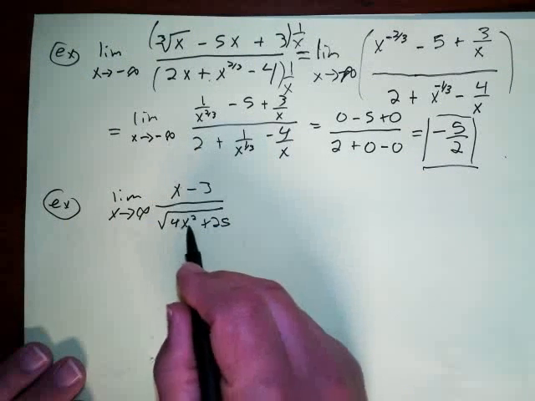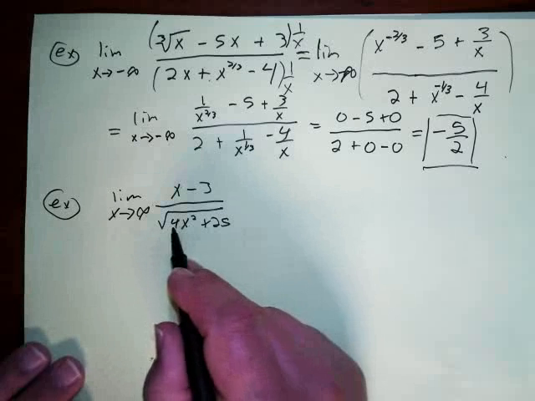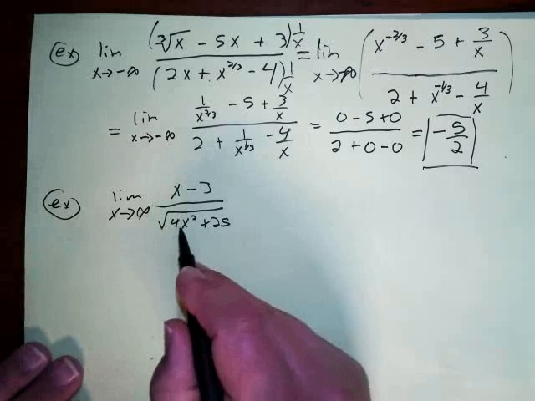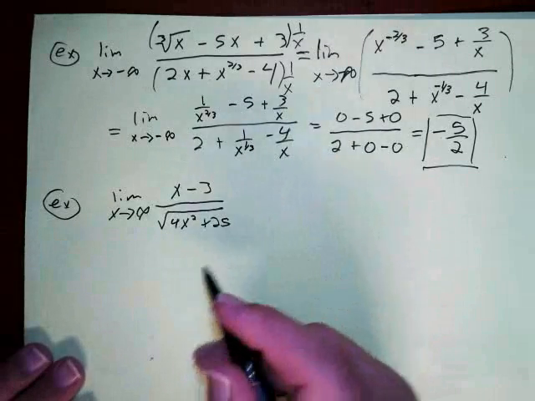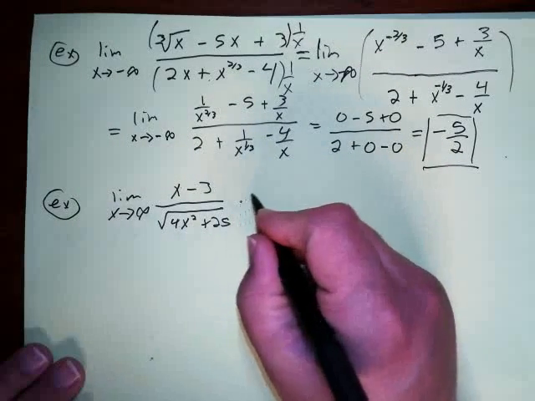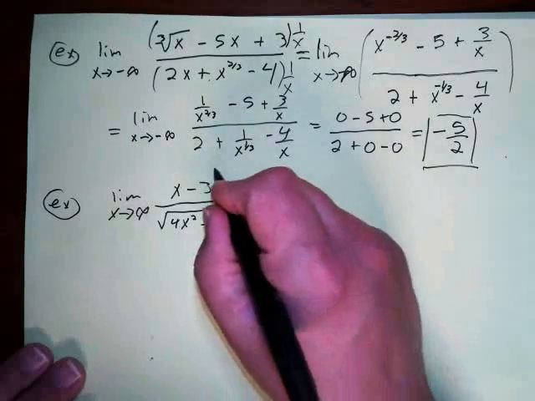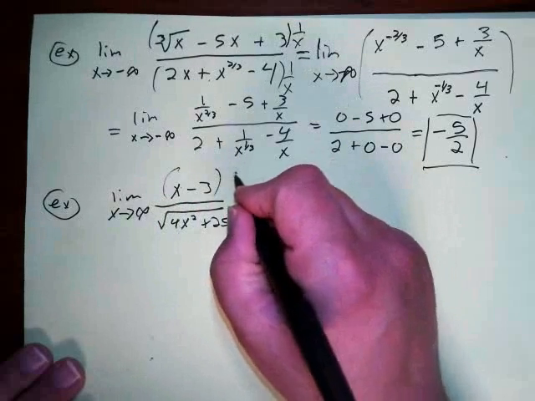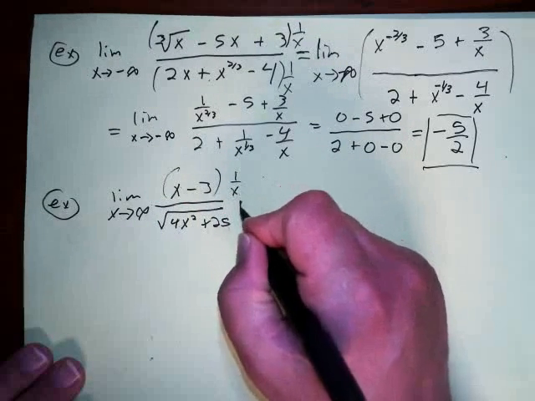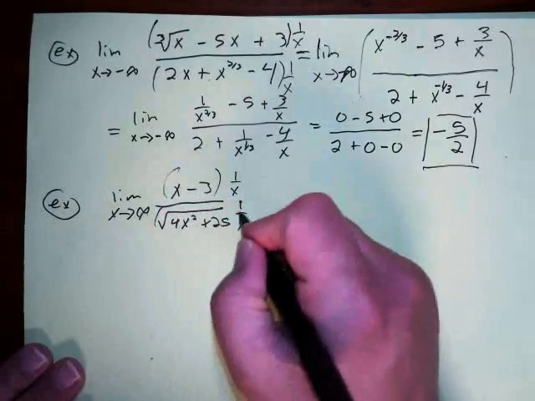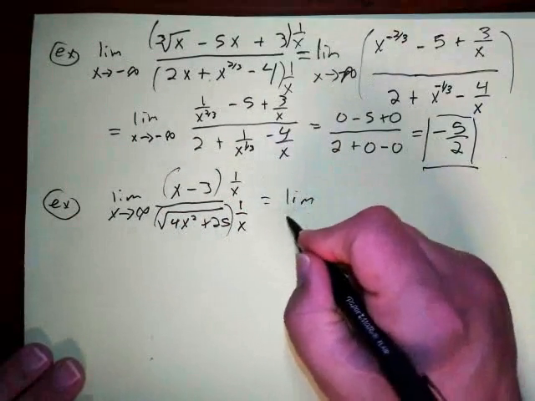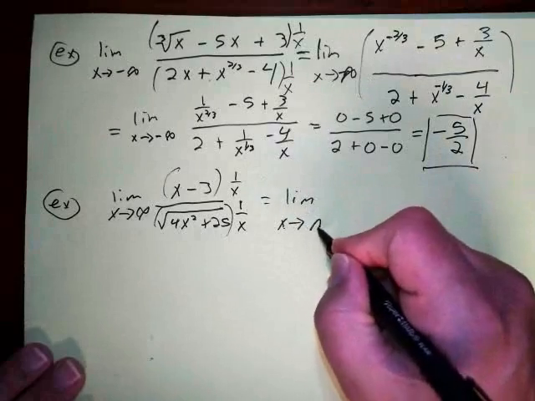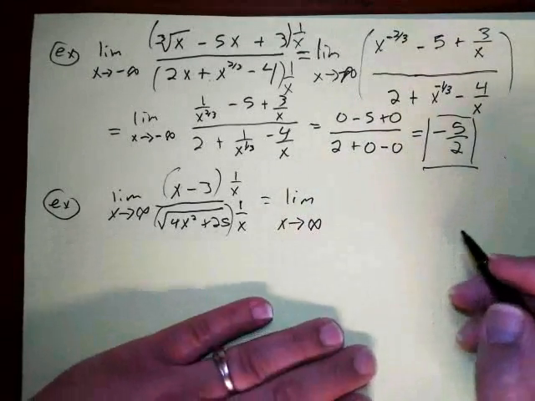Okay, so it's an x squared underneath the radical, and if you took the square root of x squared, it would just be x, right? So what I'm going to do is I'm going to multiply the top and bottom here by 1 over x, and this would be 1 over x. Okay, so now when I do this is limit as x goes to infinity.